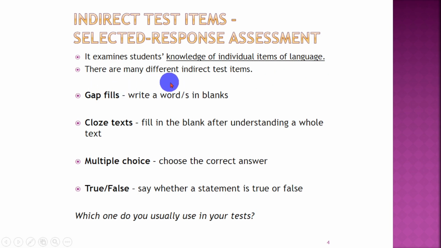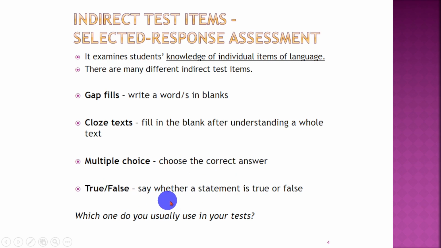There are many different types of indirect tests. Gap fill: write a word in the blanks. In this type of test, you only give the blank space and the student fills it. Closed test: fill the blank after understanding a whole text. So first the student understands the whole text and then fills. Multiple choice: choose the correct answer.